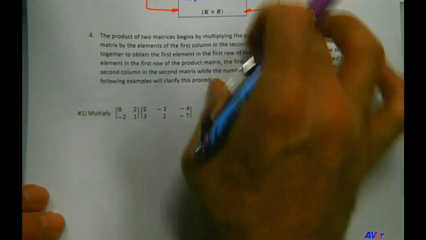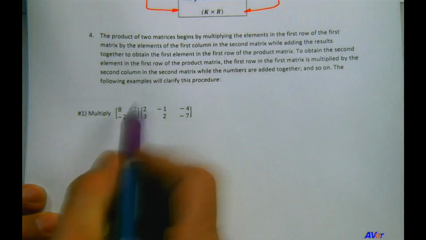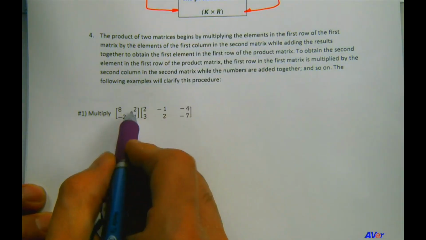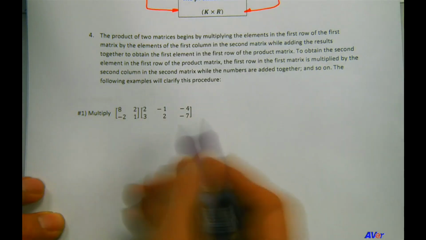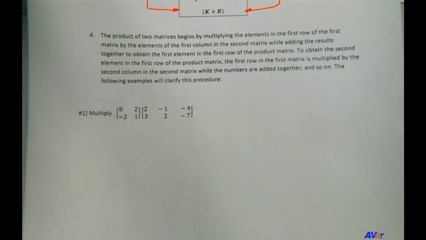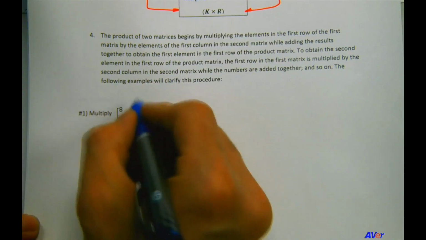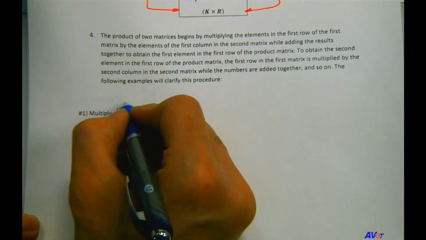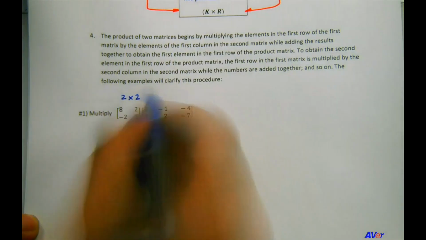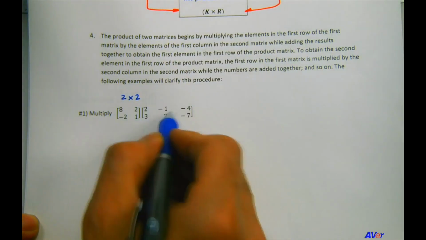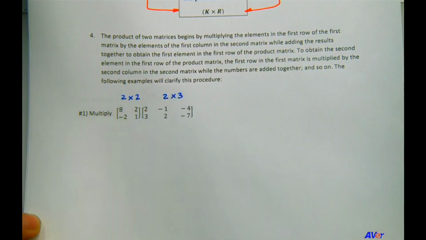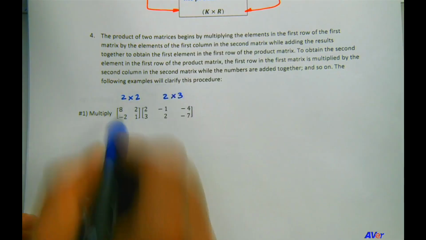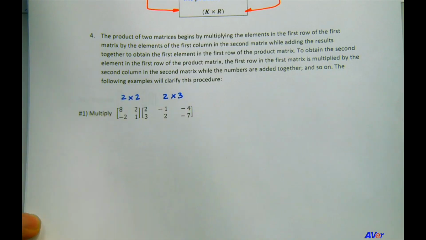So what this paragraph is saying is that once you verify that, let's see if this product is possible, right? So the first matrix is 2 by 2, right? That one. What about this matrix? This matrix is 2 by 3, right? 2 rows and 3 columns, 2 rows and 2 columns, right?